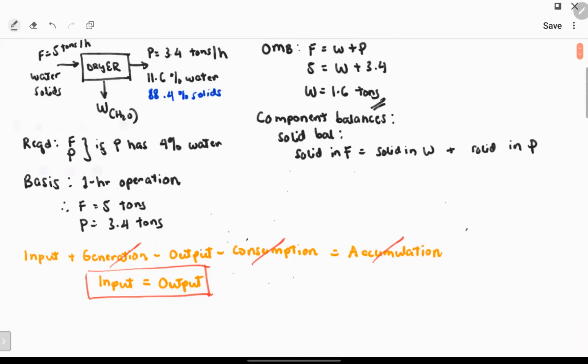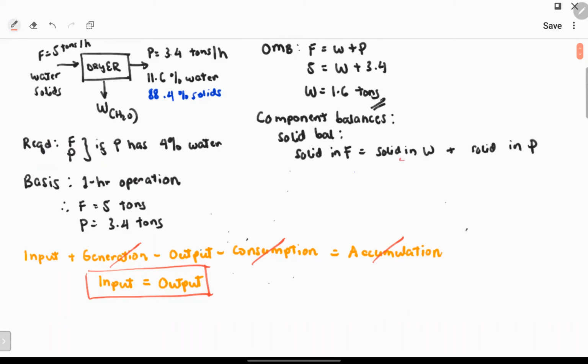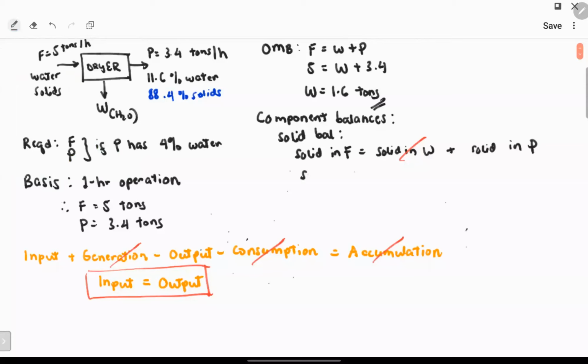However, there are no solids in water, or in W. So what remains therefore is solid in F equals solid in P. But what is solid in P?